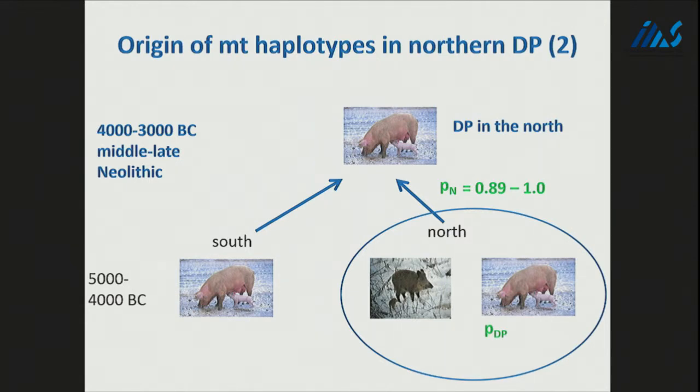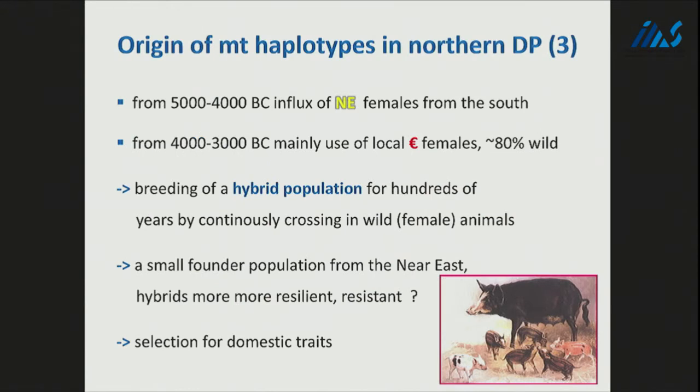Okay, so far so good. And so which animals did they then use for the breeding studies? Was it the wild ones or the domestic ones? So we looked at the probability that they derived from the domestic northern pigs. And this was really a surprise, because it revealed something like between 0 and 20%. This means that actually the large majority of the animals were wild animals that were crossbred.